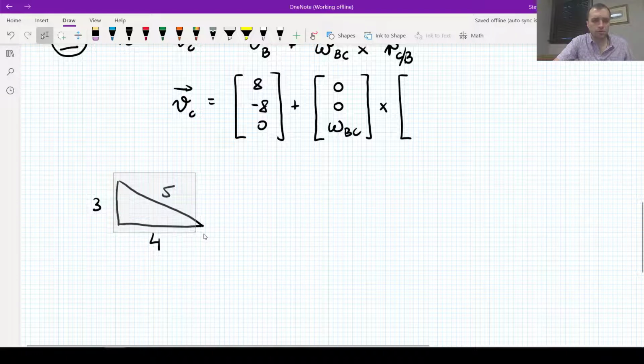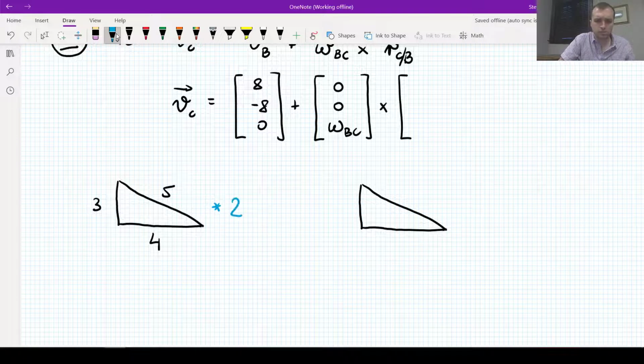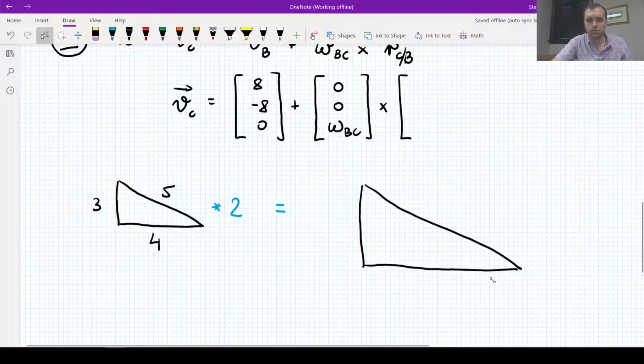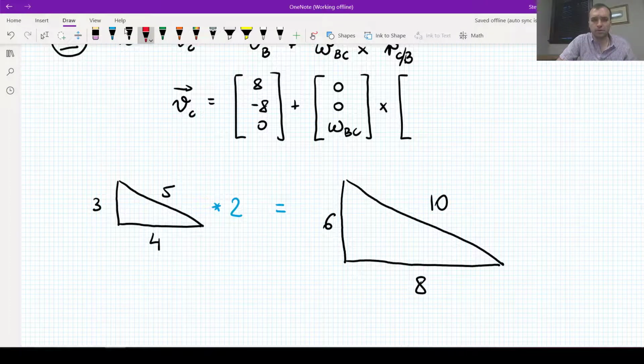If we copy the triangle here, and if we multiply it by 2, we will end up with some larger triangle of sides 6, 8, and 10. So these are exactly the components of our RCB vector. Our RCB vector is basically here.